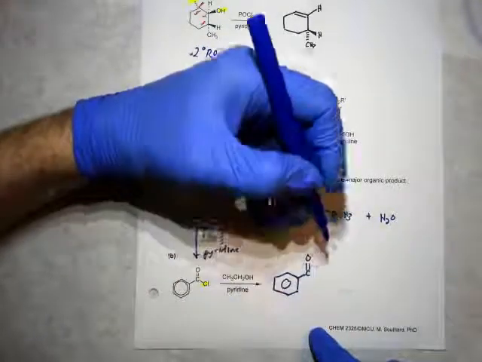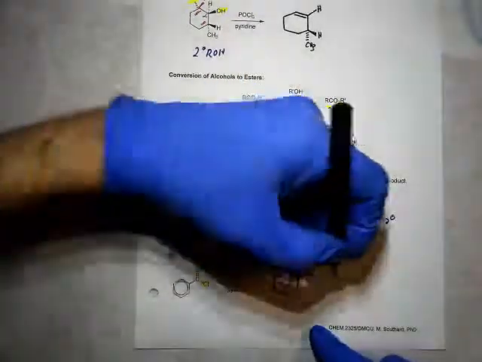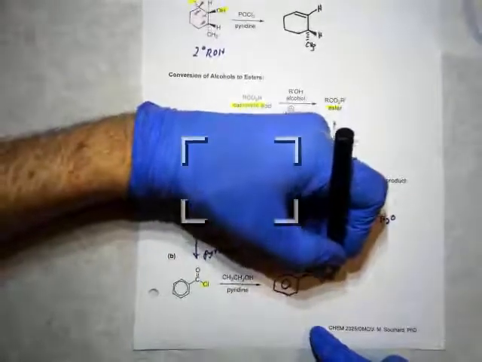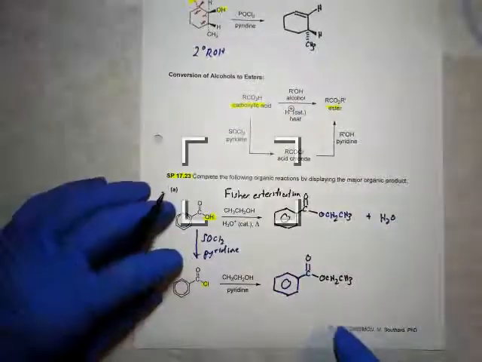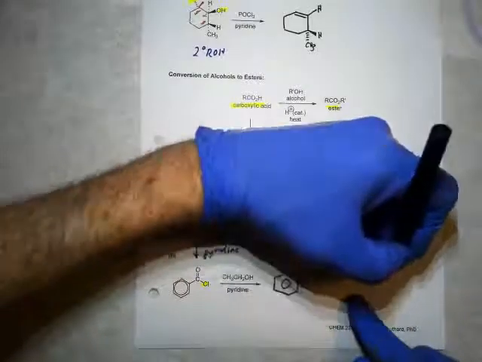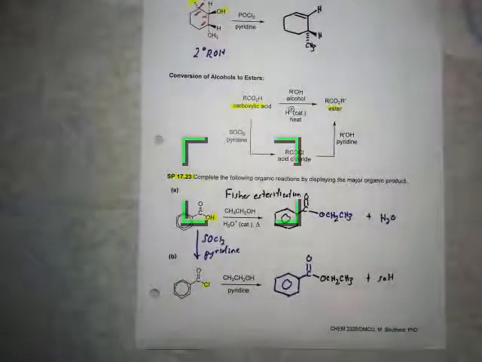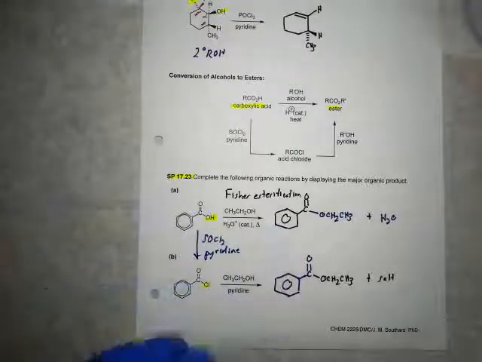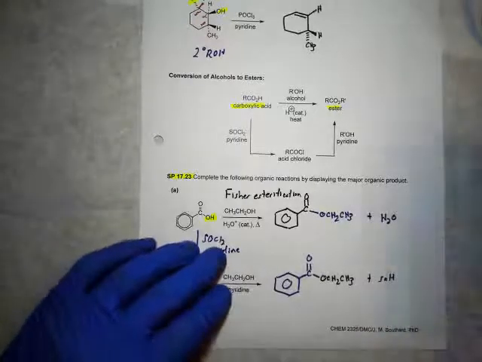So these are two different approaches, but they result in giving the same product. I wanted to demonstrate it that way so you can see just how these processes work. And of course the byproduct here would be pyridinium hydrochloride. Let me just write the word salt as your byproduct. So that's how you convert carboxylic acids into esters or acid chlorides into esters using this process.